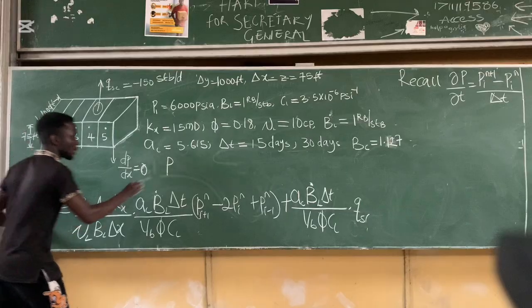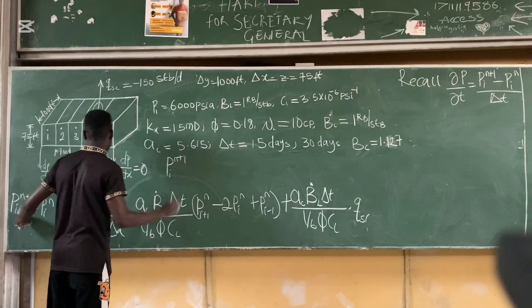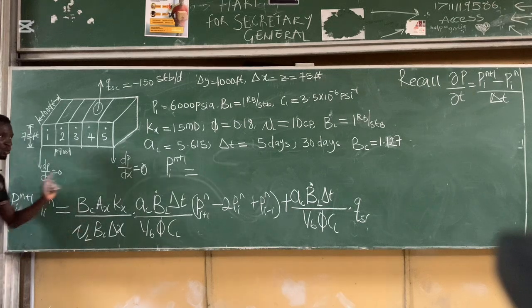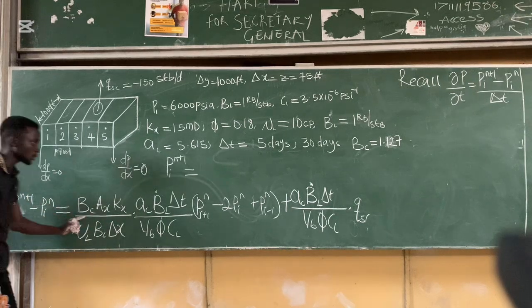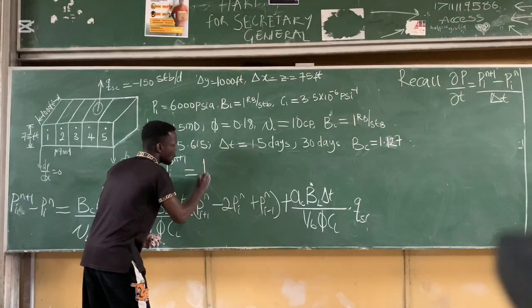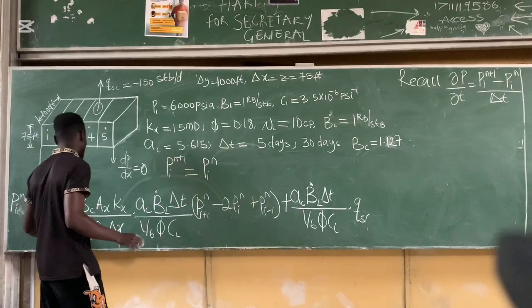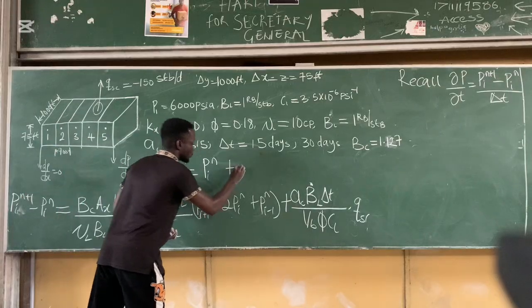P_i^(n+1) will be equal to, we said that minus P_i^n is crossing to this other side. So if this one crosses, it returns to plus. We are going to have P_i^n. Remember, it crosses, so there will be no minus, plus.